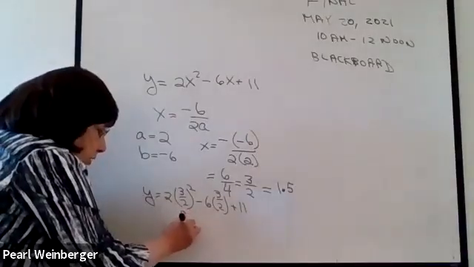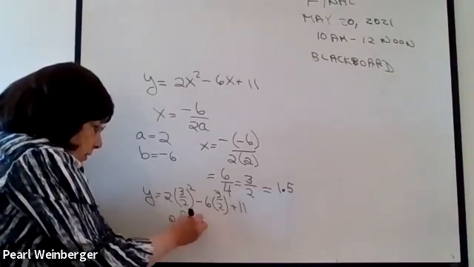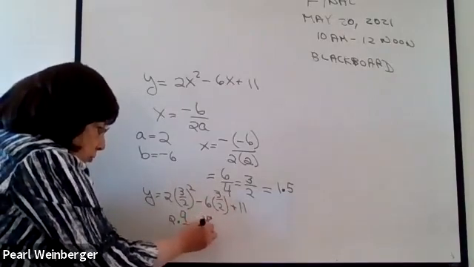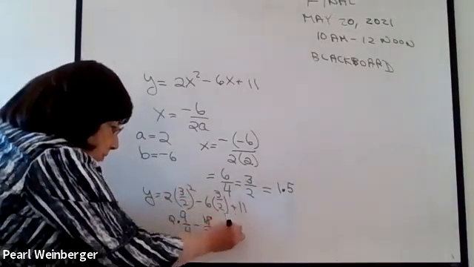Let's see. Okay. 3/2 squared is 9/4. So this is 2 times 9/4. This is minus 18/2. And this is plus 11. Okay. Oh, I made a mistake. Okay.